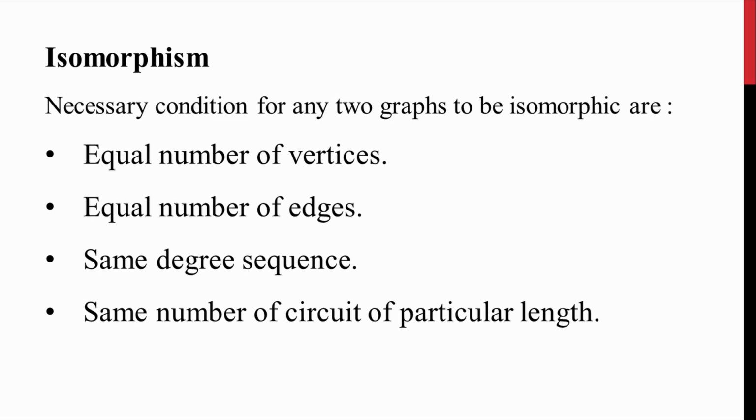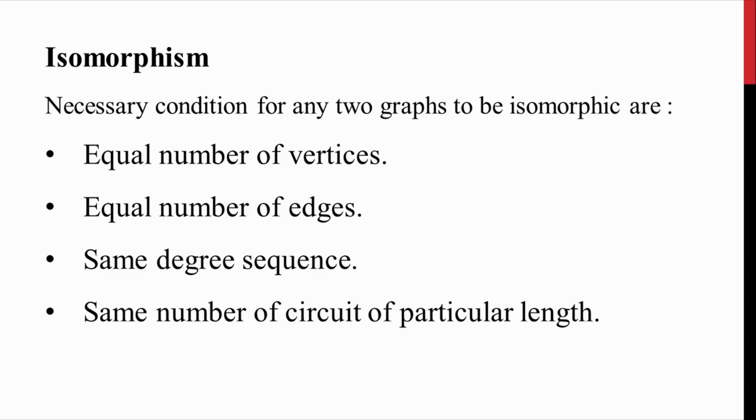Next are the necessary conditions for any two graphs to be isomorphic. If the following four conditions are satisfied, then we say those graphs are isomorphic. The first condition is that the number of vertices in both graphs must be the same. Second, the number of edges in both graphs must be the same.